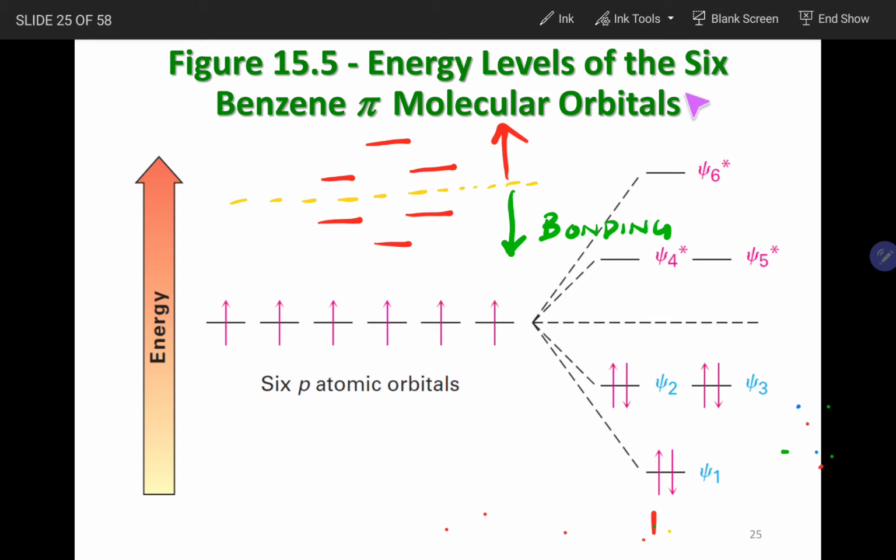You only have 6 pi electrons, excuse me. So start with the lowest level, 2, 3, 4, 5, 6. All 6 of your pi electrons will be in bonding molecular orbitals, making benzene an extremely stable molecule. So that is how you draw them.